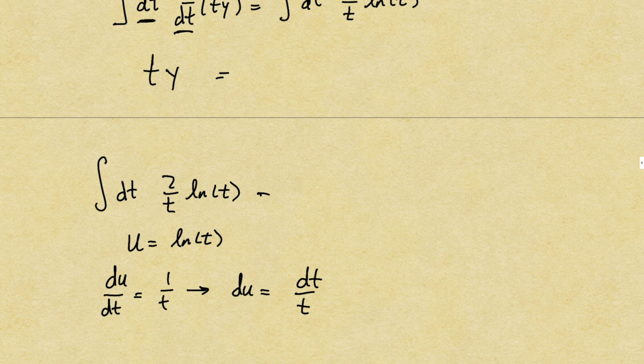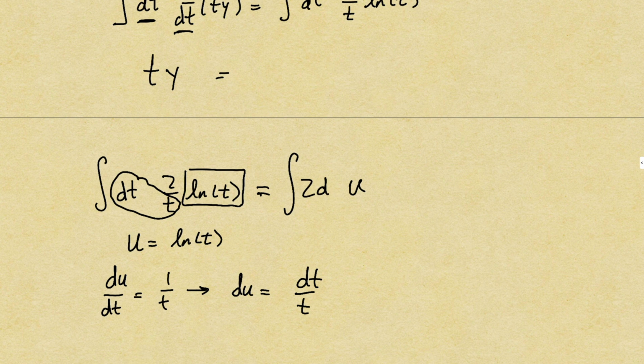So let's plug this stuff in. So in place of the log of t, we have just u. And then we see here we have a dt divided by t, but that's just du. So we see we have the integral of 2 du over u. Actually, this is a very simple integral, and we know we can pull the 2 out, and we just get the integral of u du, and that's just equal to 2 times u squared over 2.